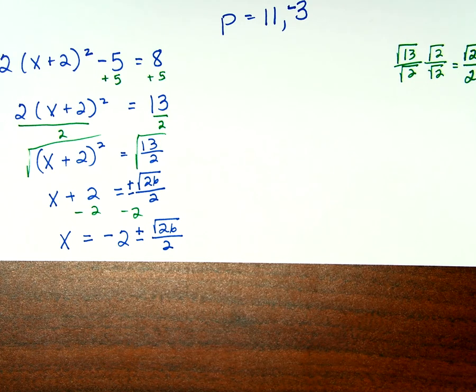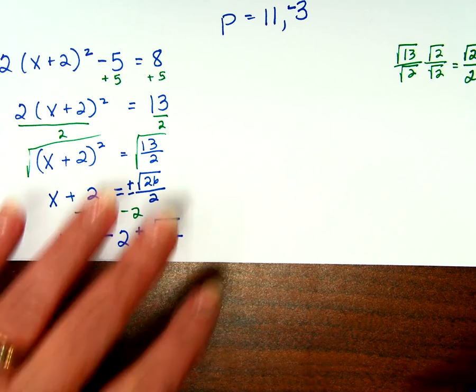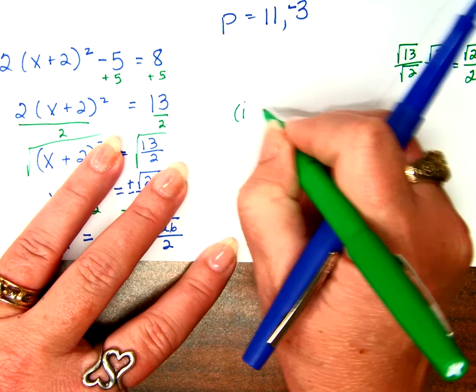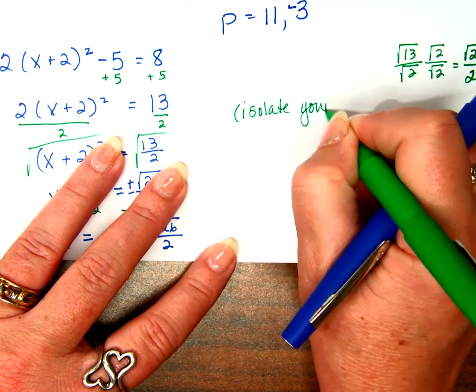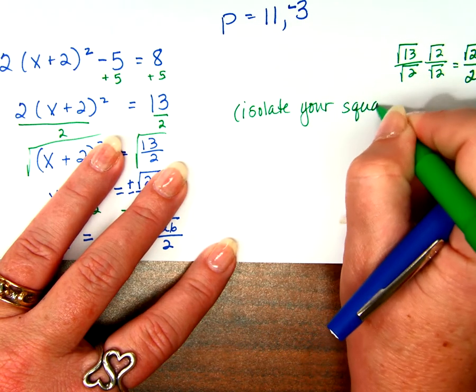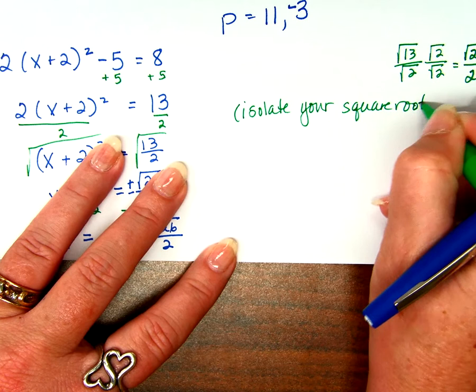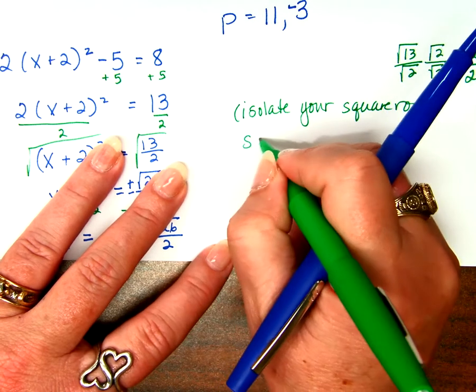Any questions about solving quadratics by square roots? Isolate your square root. Let's write this down. Isolate your square root and then square root both sides.